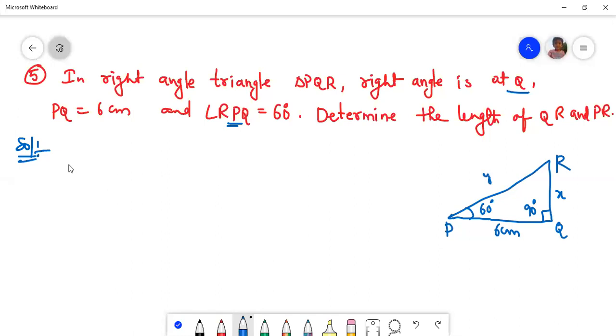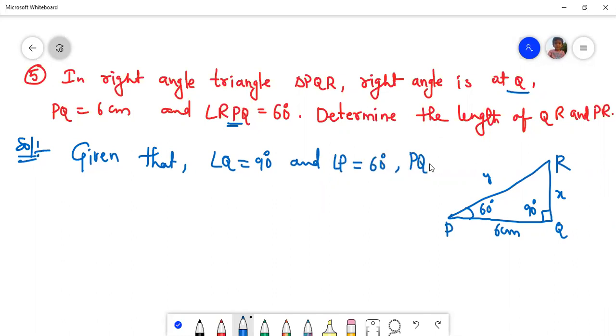So QR is the opposite side, PR is the hypotenuse. What they have given is angle Q equal to 90 degrees and angle P equal to 60 degrees, PQ equal to 6 centimeter.